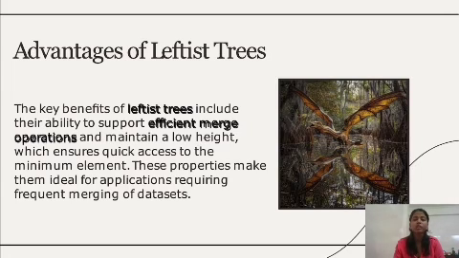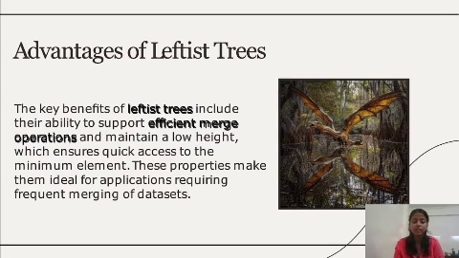So here are some of the operations that are performed on leftist trees. First one is merging. The merge operation is the fundamental operation in leftist trees. When two leftist trees are merged, the tree with the smallest root becomes the new root, and the two right subtrees are merged recursively.